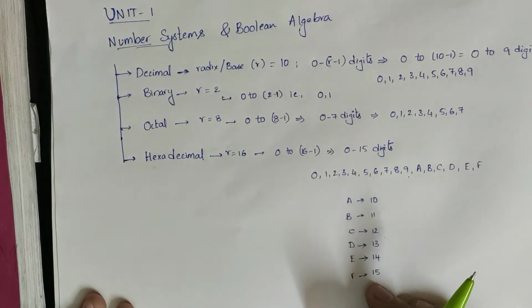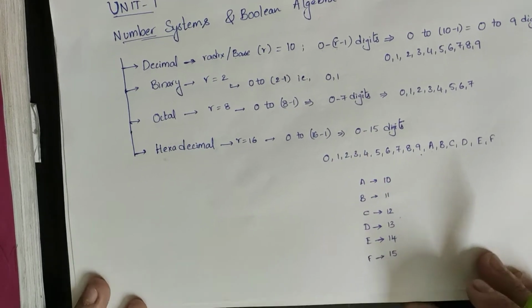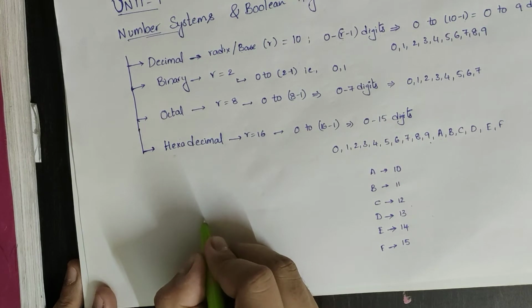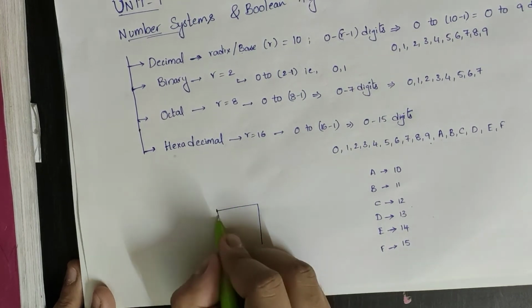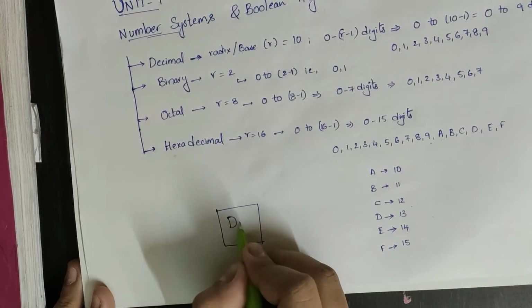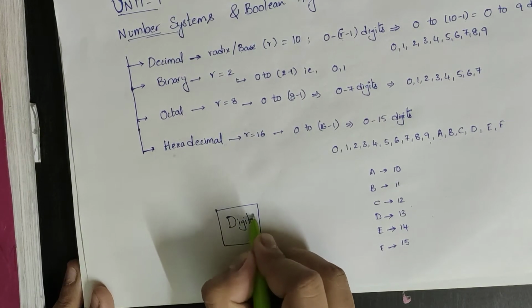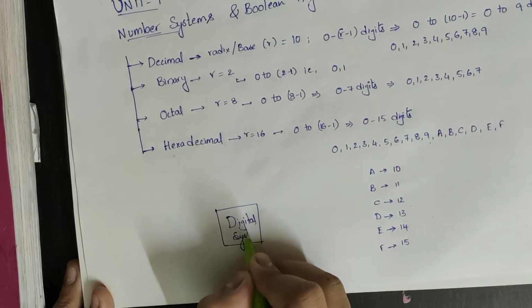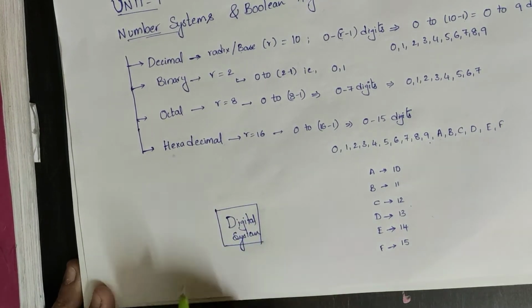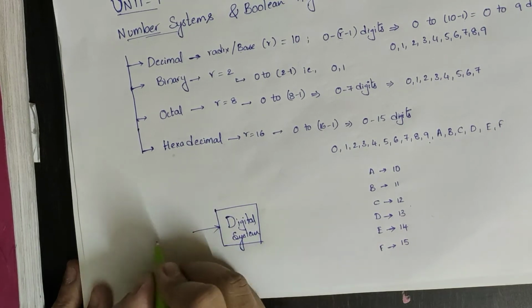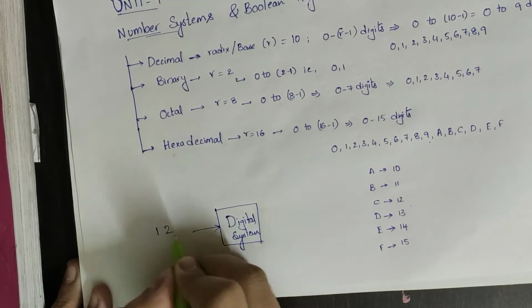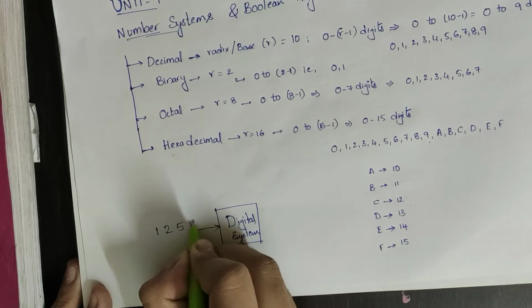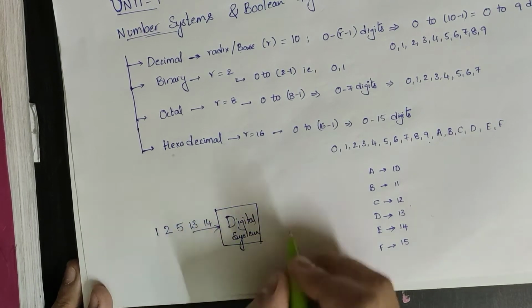Why do we have these characters instead of the numbers? Let me give you an example. Say, for example, this is my digital system. This digital system is taking input as 1, 2, say for example 5, 13, 14 and so on.